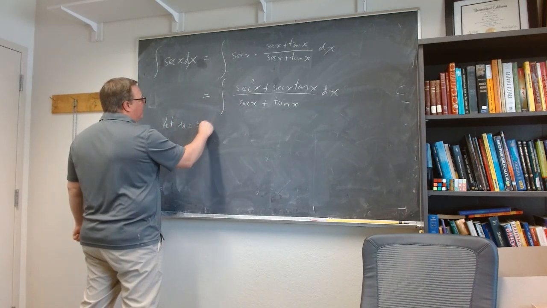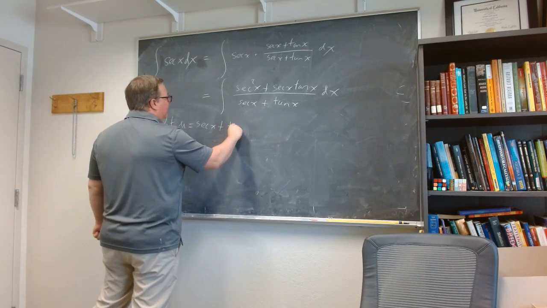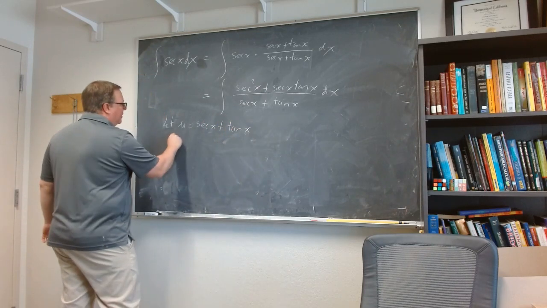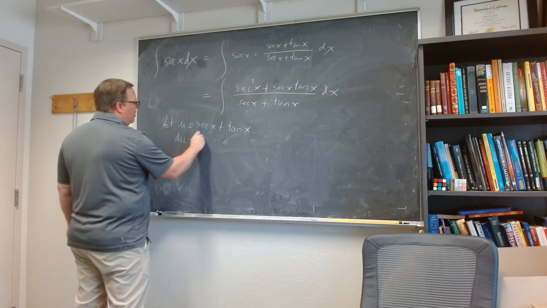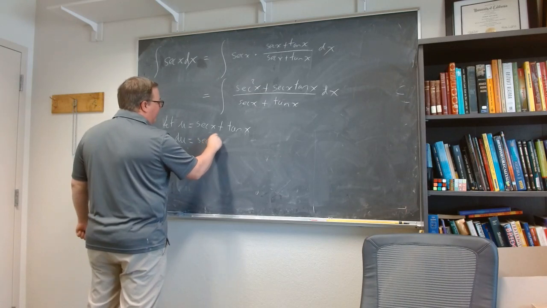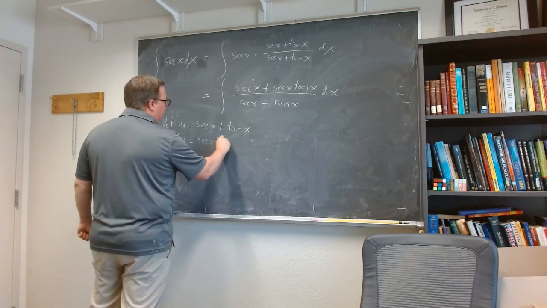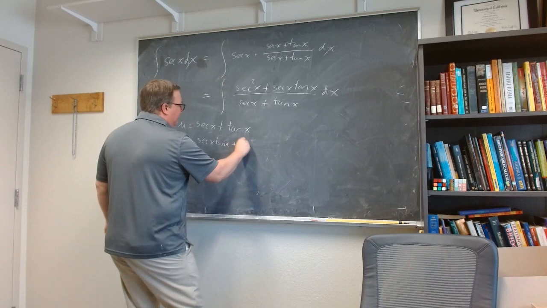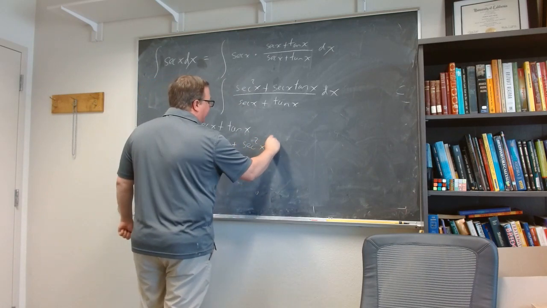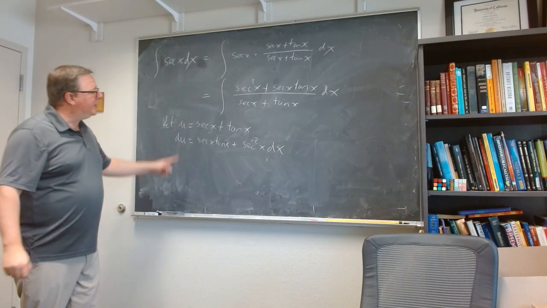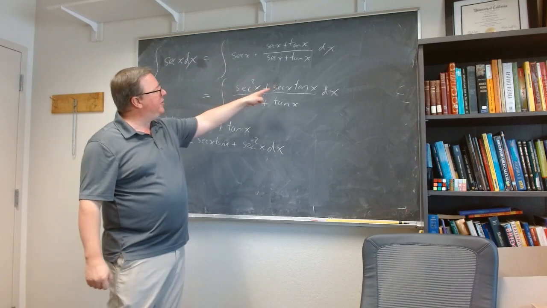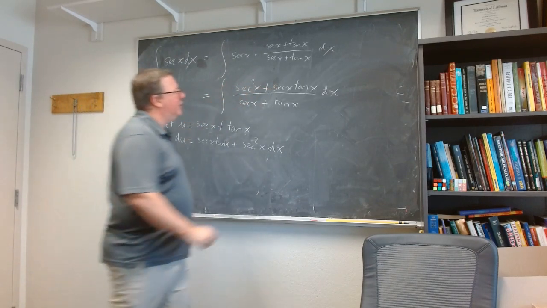Let u be secant x plus tangent x. Then du is secant x tangent x plus secant squared of x dx. And so my whole numerator is just du, and my denominator is just u.